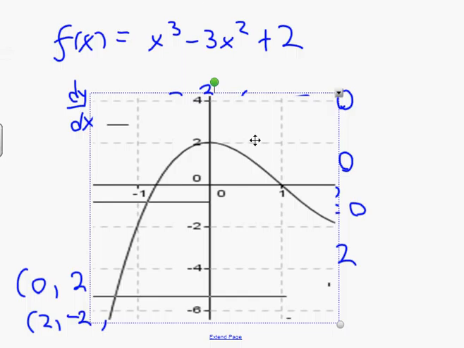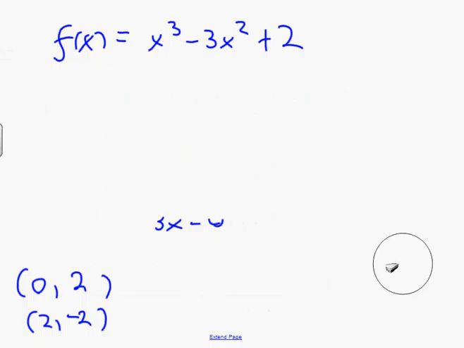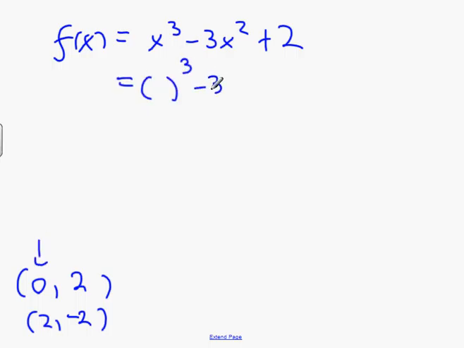If you weren't to use your function in the calculator and you wanted to find out how you got these 2 points here, you go back to your original function, and in your original function you have to sub in x equals 0 first. So your function is whatever x is, you put it in, and then you find out what your y value is. So for the first one, it's going to be 0 cubed minus 3 times 0 squared plus 2.